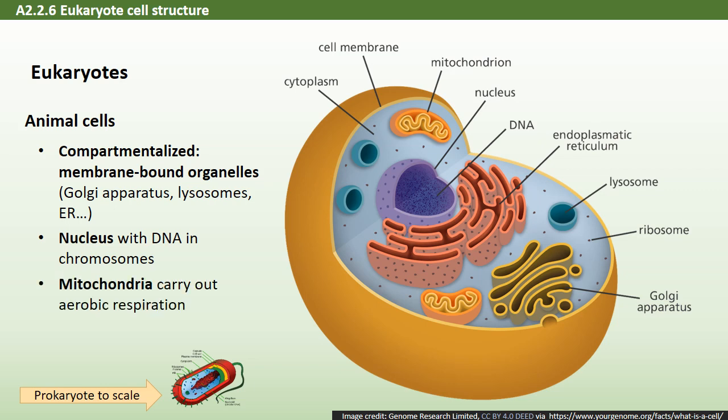Eukaryotes have mitochondria. They carry out aerobic respiration. That's respiration using oxygen. Eukaryotes have 80 S ribosomes to make protein. And again, the point here is that it's different from the ribosomes in the prokaryotes.